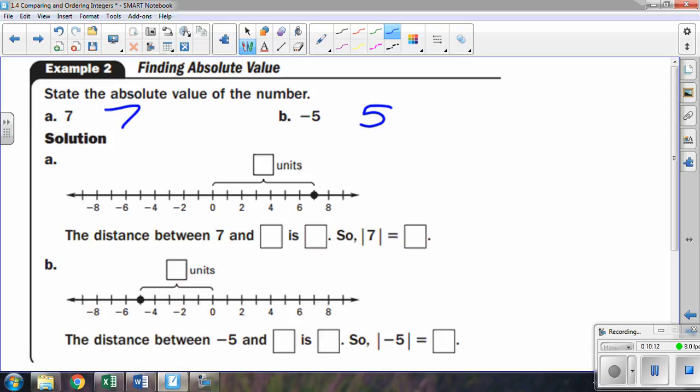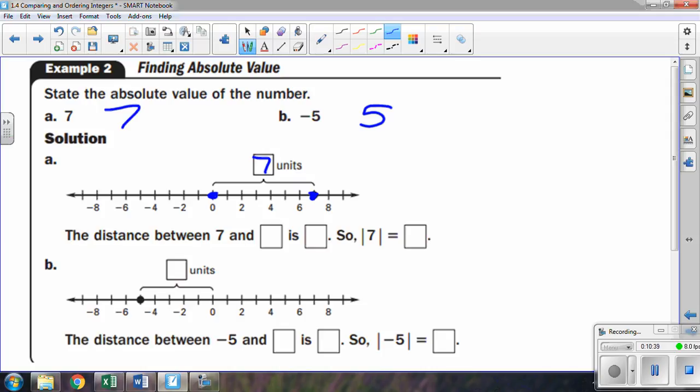Well, why then? We want to make sure that we understand not just how to get the answer quickly, but why this is the answer. We want to understand it, not just do it. In this instance, when we are looking at question A, between 0 and 7, we can count out how many of these little spaces we have.